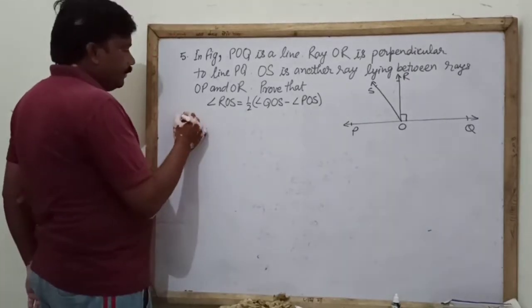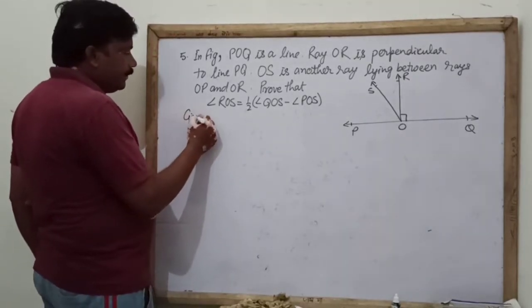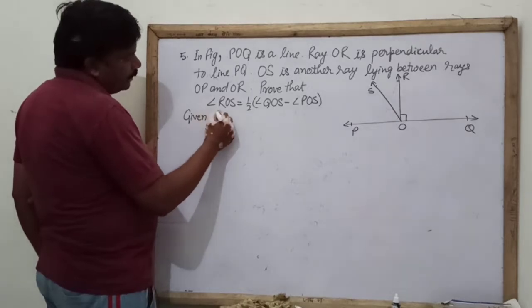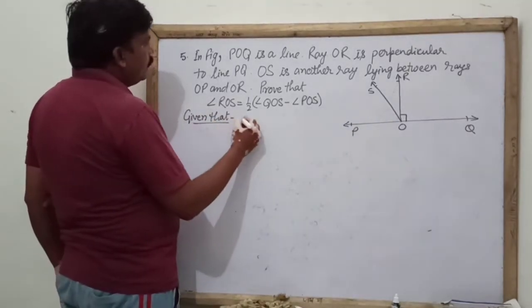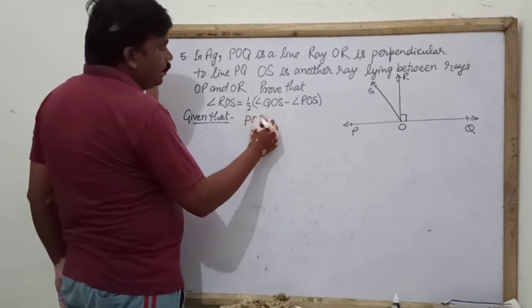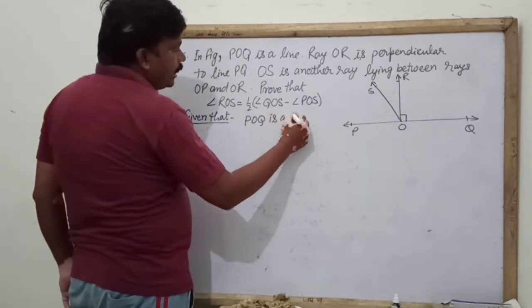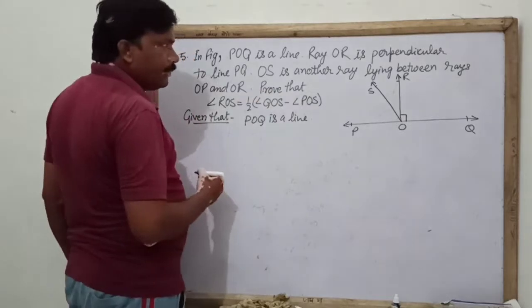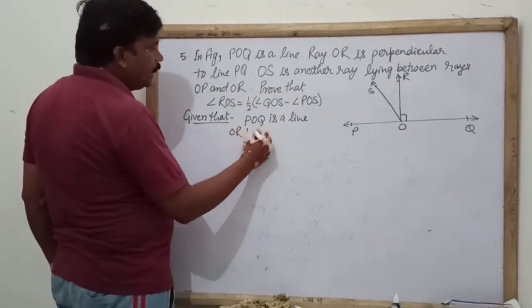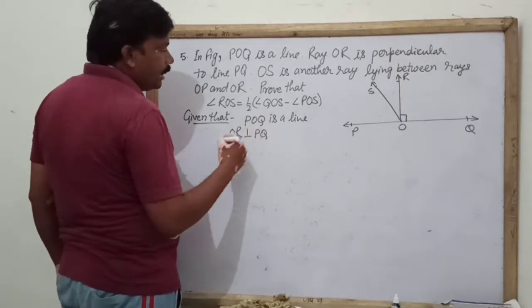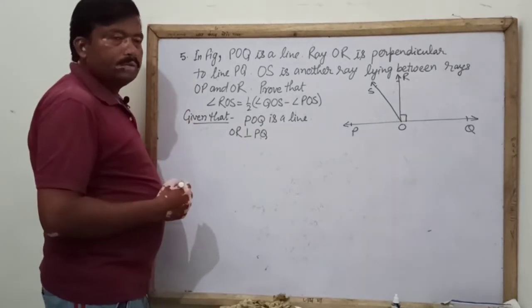Given, first of all we write that POQ is a line, and ray OR is perpendicular to PQ.